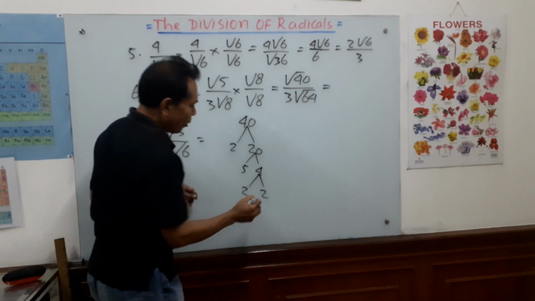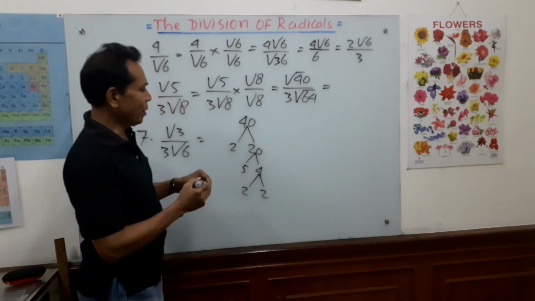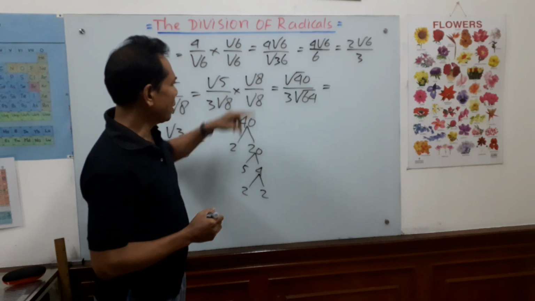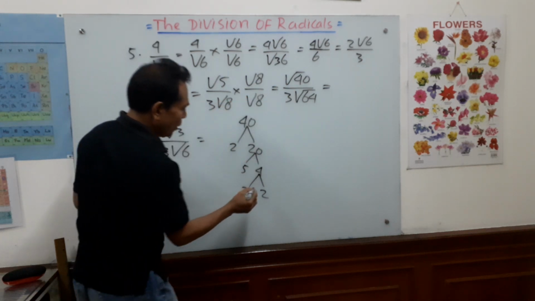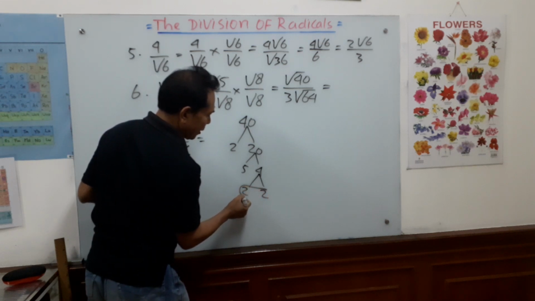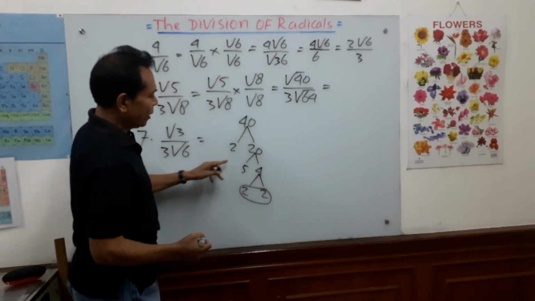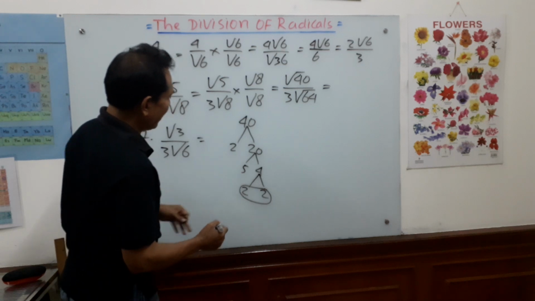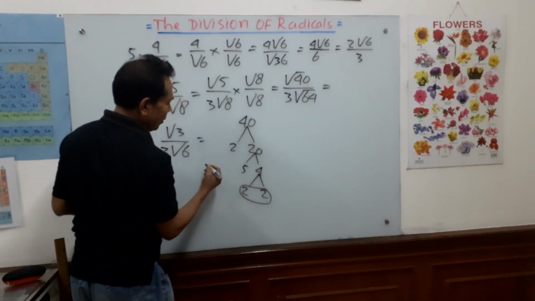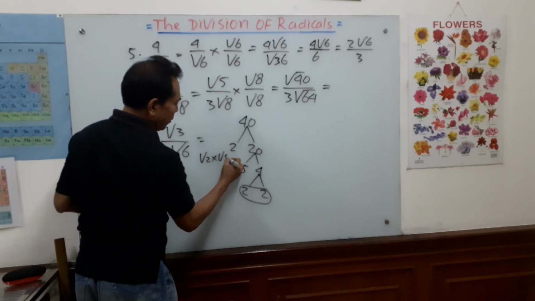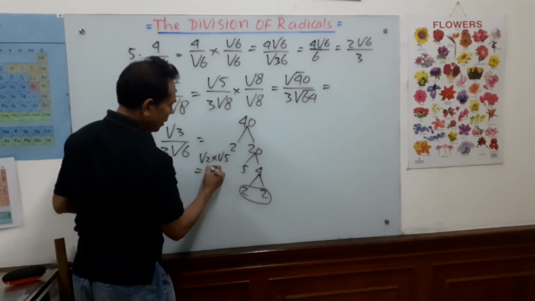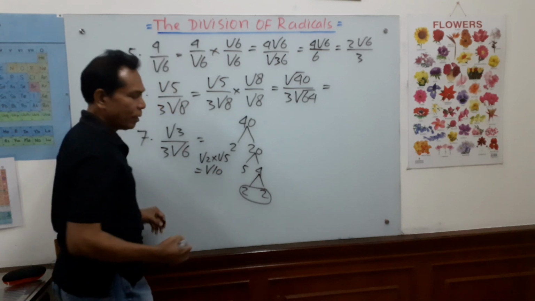Okay. Now we pick up these two numbers. Remember that this 40 is under square root. So we take these two here because they are the same. We put them together, and then here we have 2 and 5. Remember this is under square root. So square root 2 times square root 5 equals square root 10.